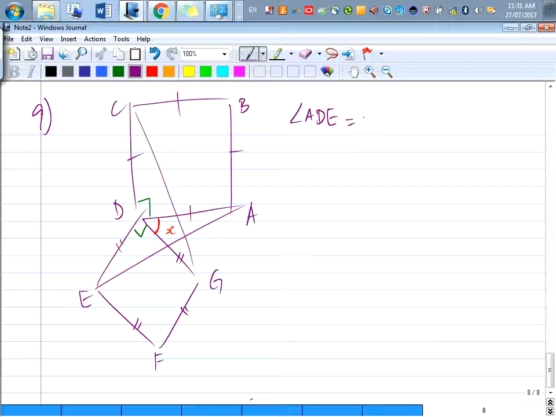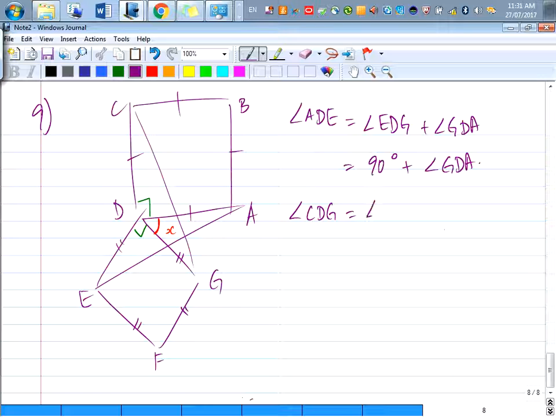ADE is made out of EDG, which is 90 degrees, plus angle GDA. Then the other angle that they are trying to ask us to show is angle CDG.